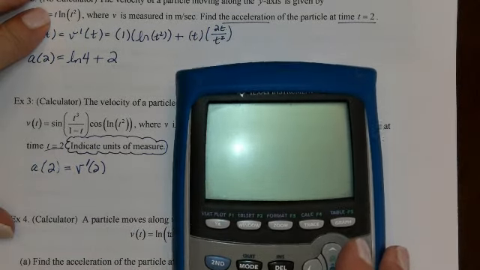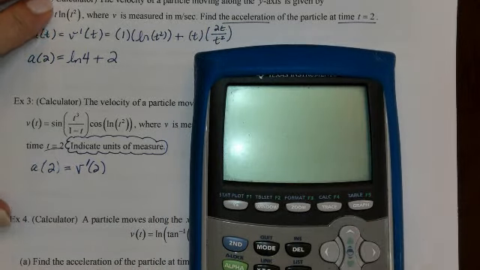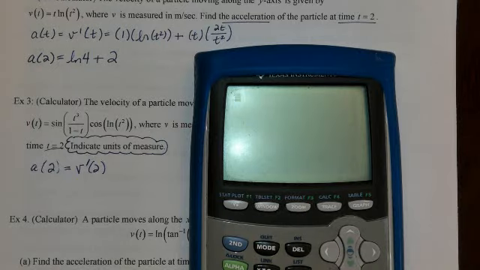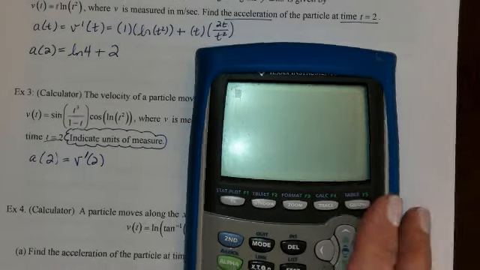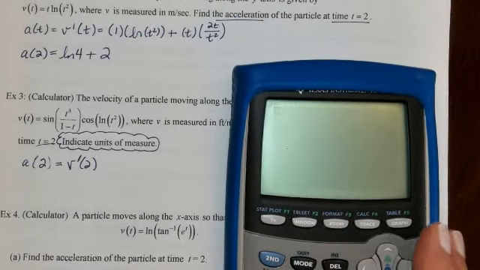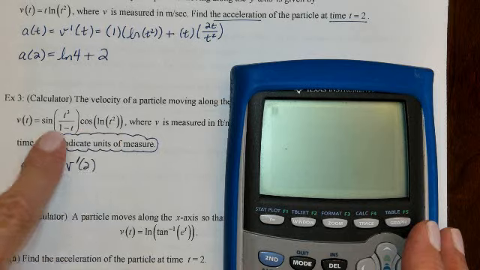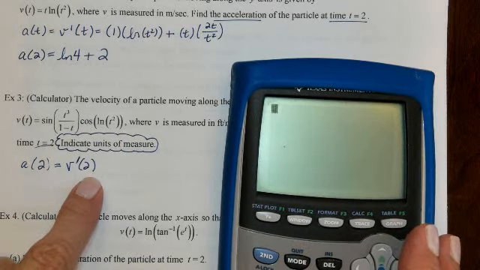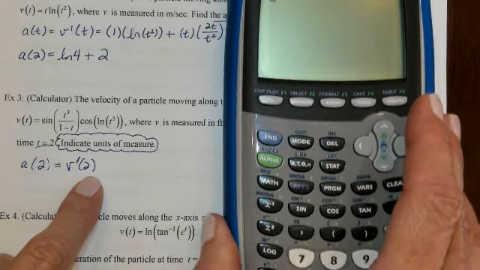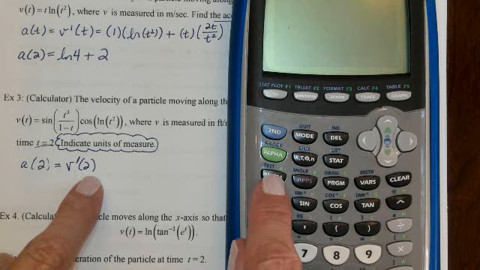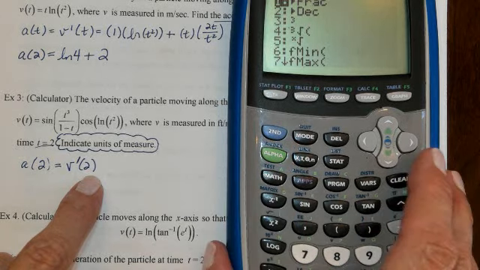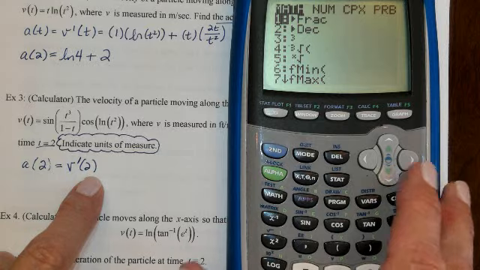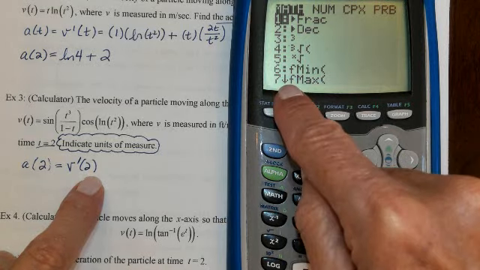Now it's time to use our calculator. So go to your home screen, and the first thing I need is we're taking the derivative of this at time 2. So you're going to go to the derivative. The easiest way I know of to get to the derivative function is to hit this math button, math, and then it's number 8 on your screen.